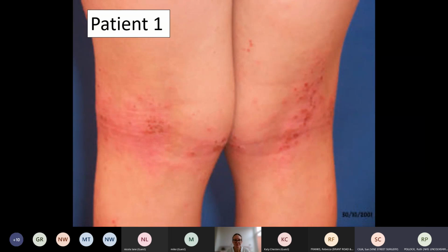Heat rash, someone suggested. Okay. Is that all the things on the chat now? Ruth? I think I've got all of them. Shout if I haven't. Flexural. Yeah.